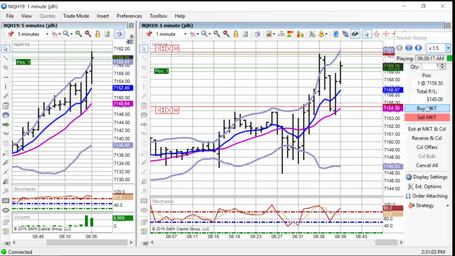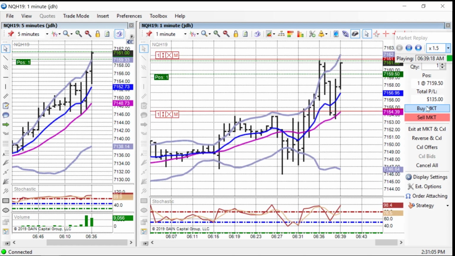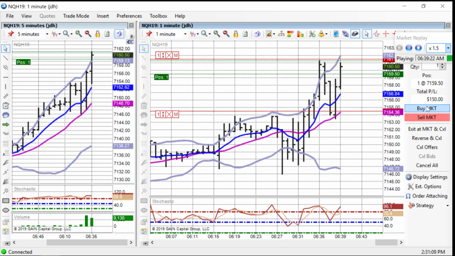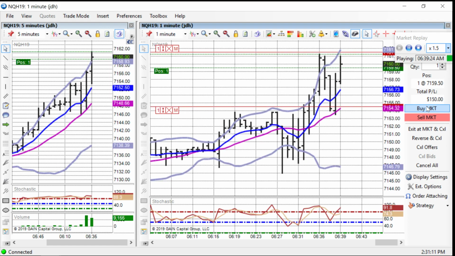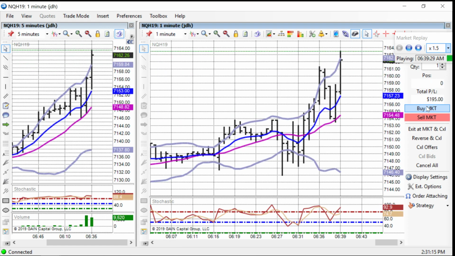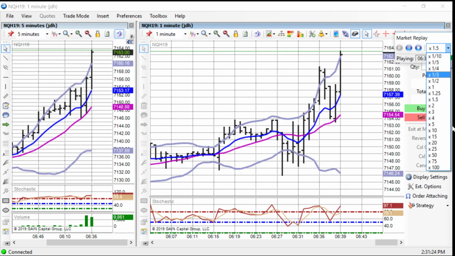You couldn't get away with that with 5-point targets. And the brokers love you because you're paying commissions each time you trade there. So let's speed that up to the next entry.